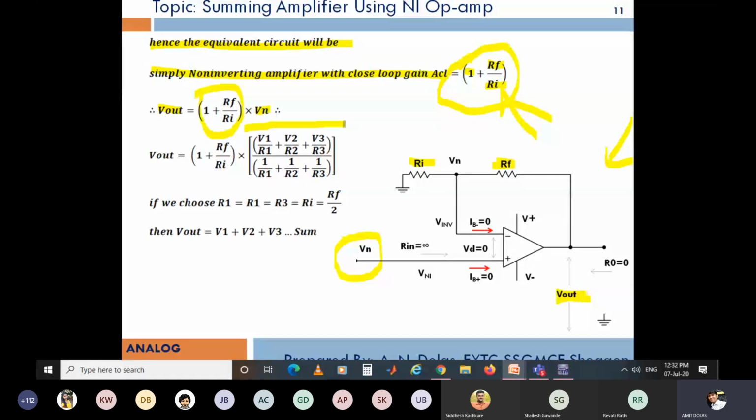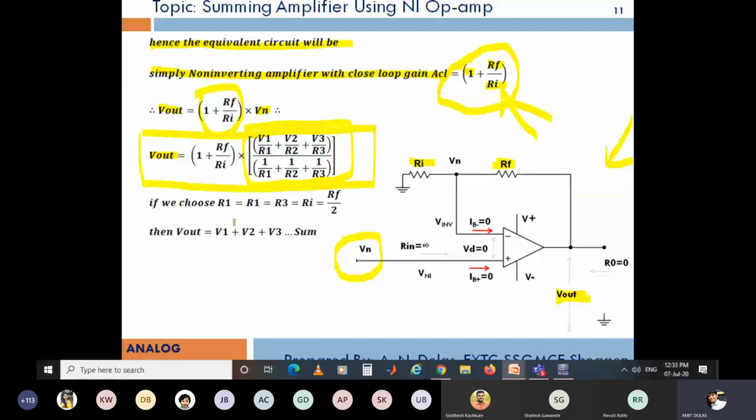Putting the value of Vn in this equation, I get Vout is equal to 1 plus Rf by R1 multiplied by V1 by R1 plus V2 by R2 plus V3 by R3, divided by 1 by R1 plus 1 by R2 plus 1 by R3. So this is the complete solution for the output value of the non-inverting adder, or the output equation. Though the equation seems very huge, don't you worry.